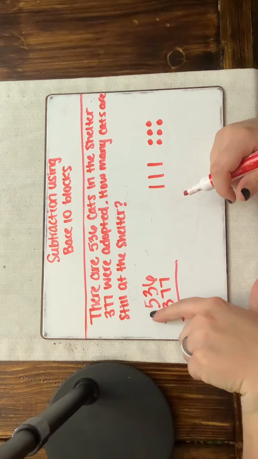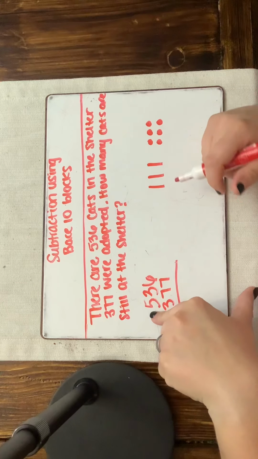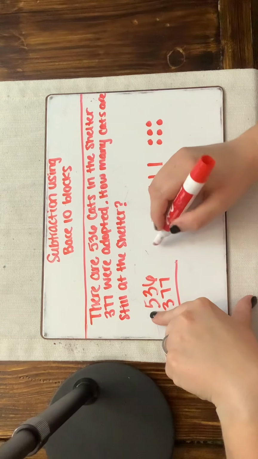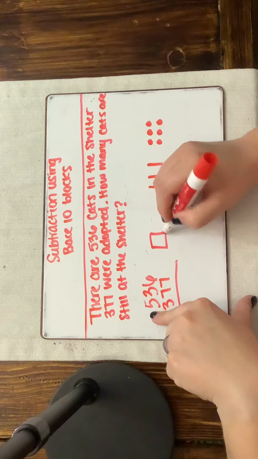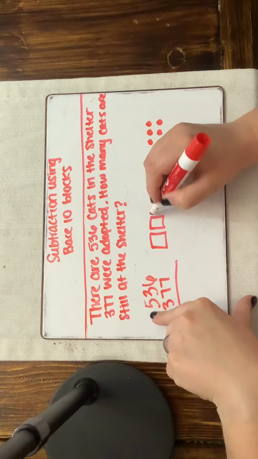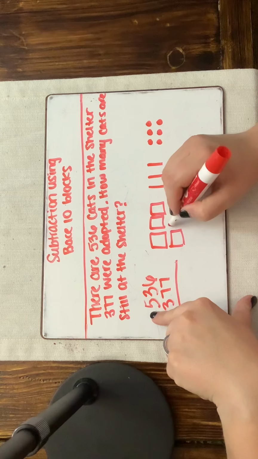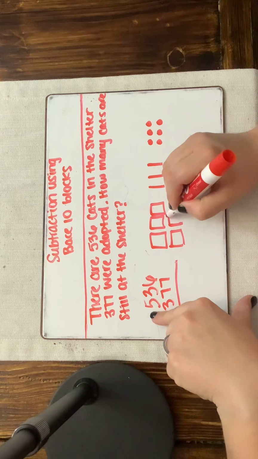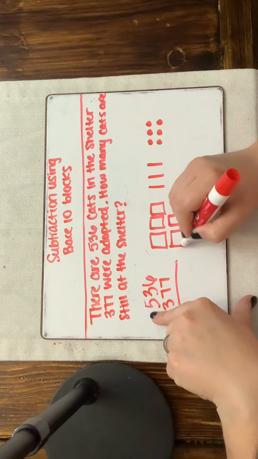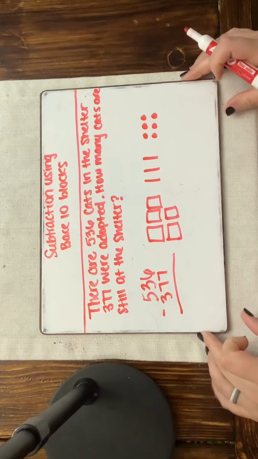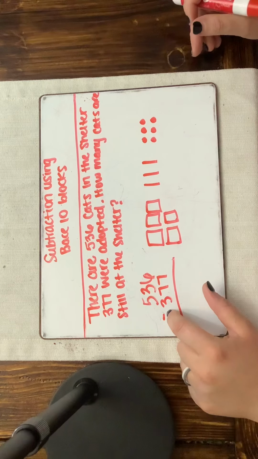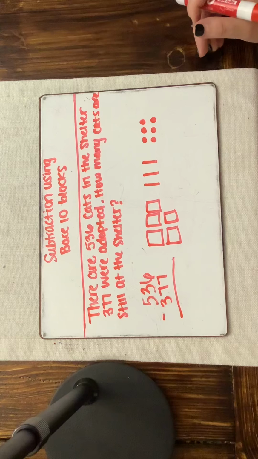And then we have 500, or 5 flats: 1, 2, 3, 4, 5. So now we're taking away 377.